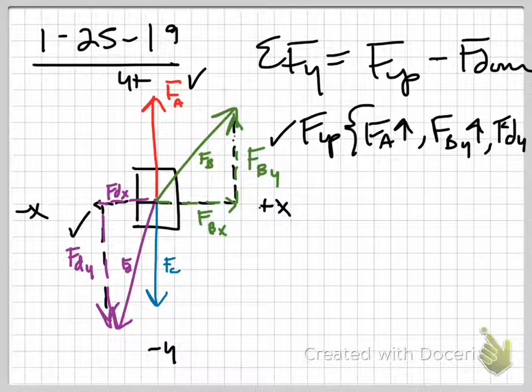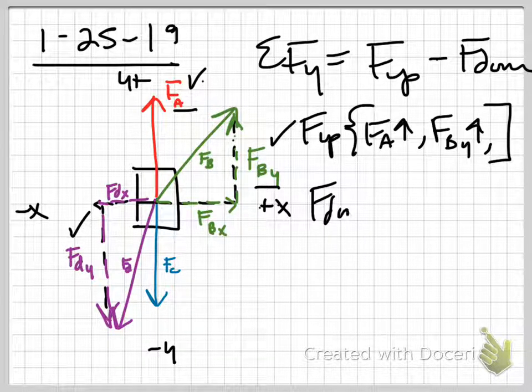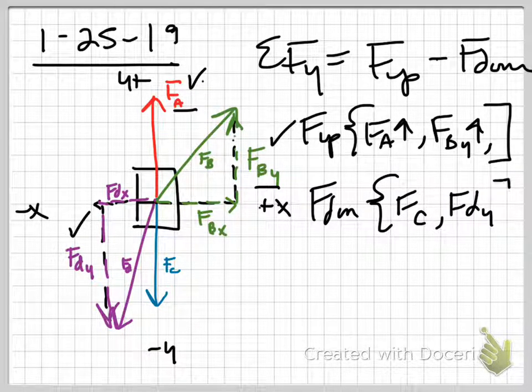Oh, wait, no, that's down. Jeez Louise, Moser. Get it together. Okay, so that's up, no other forces up. And then my forces down, well, I've got F sub C and I've got F dy.